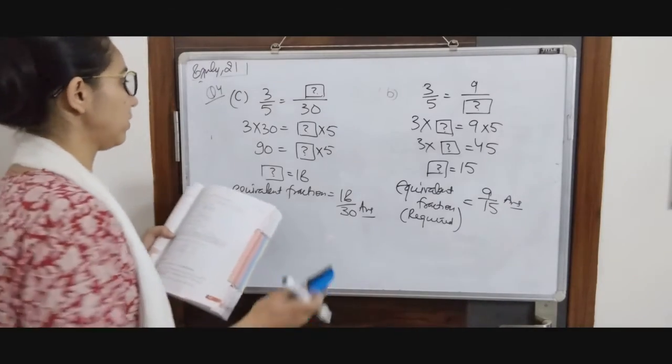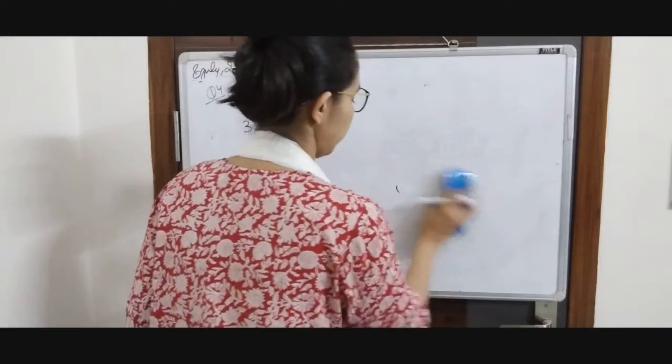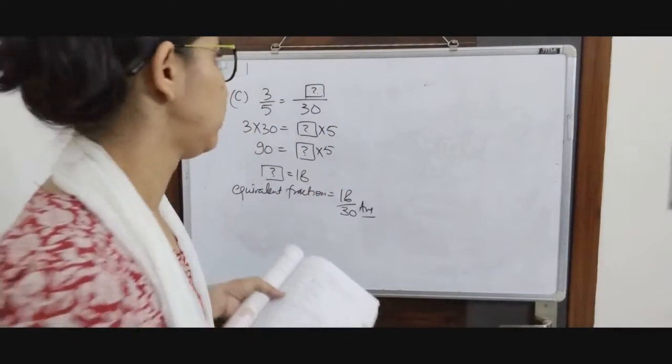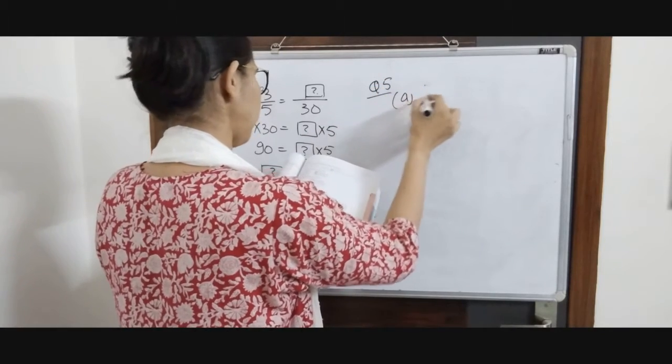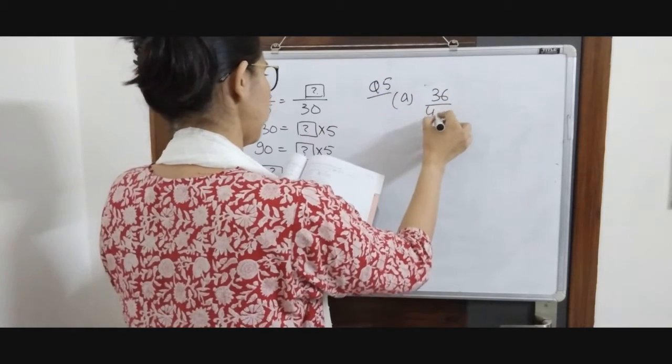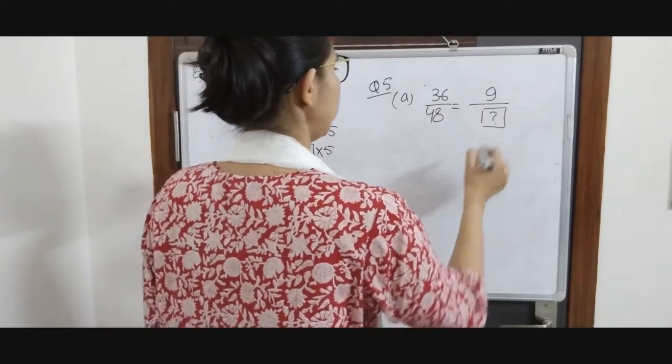Question number 5 is, now we are going to do question number 5. Question number 5, A part. You have to find out the equivalent fraction of 36 by 48 with numerator 9. Okay, we don't know the denominator.